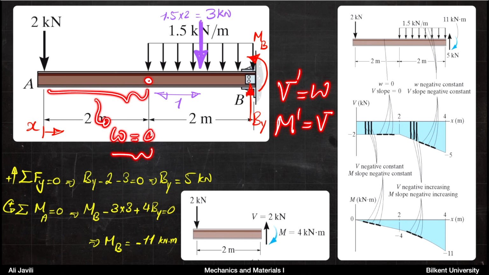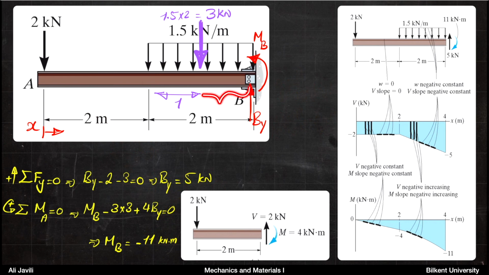W equals 0 tells you that in this portion V would be constant, and V constant means M linear. So this is for the first portion.